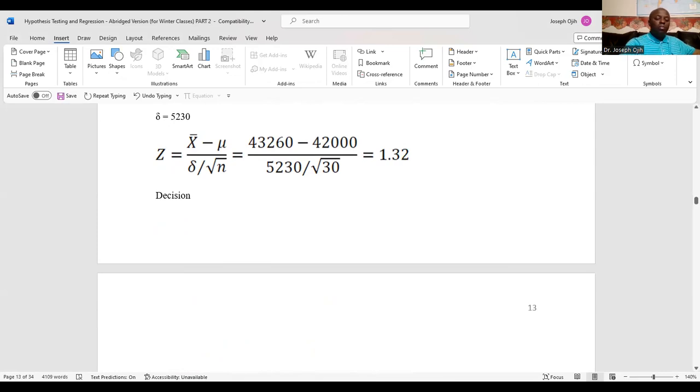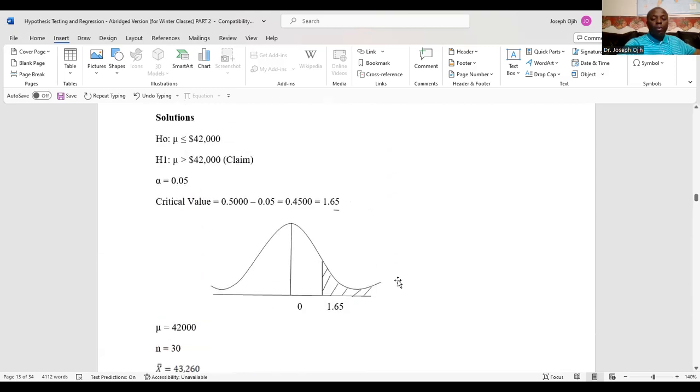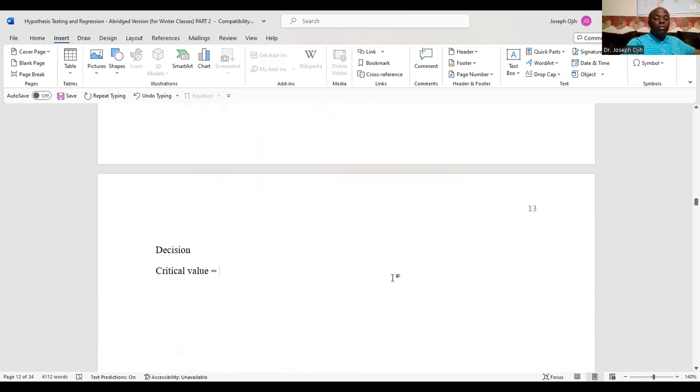The critical value, maybe I should bring it up. The critical value equals, we got it as 1.65. Calculated value.